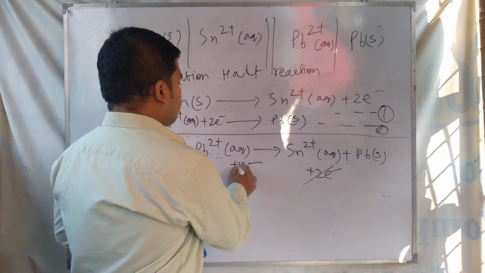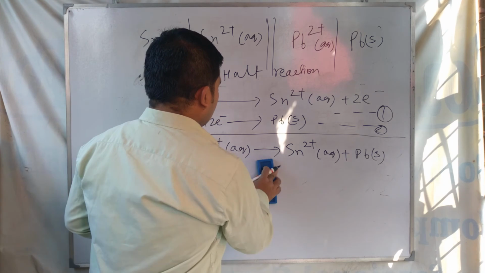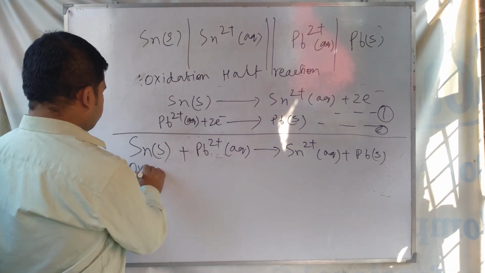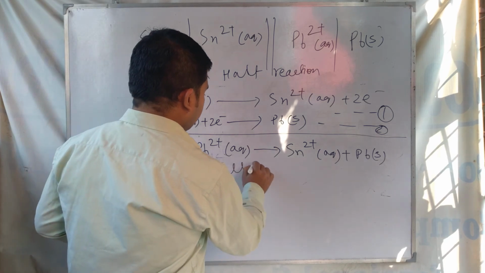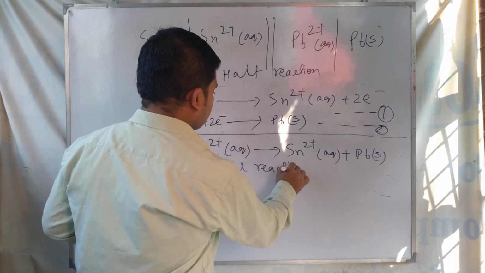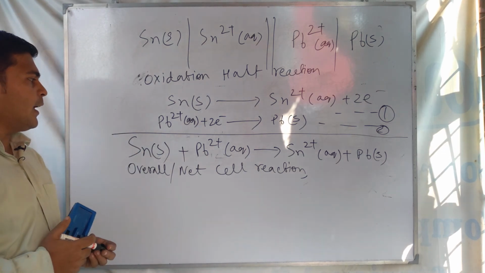So ultimately the 2 electrons cancel from both sides, and this is the overall or net cell reaction. This one is the overall or net galvanic cell reaction.